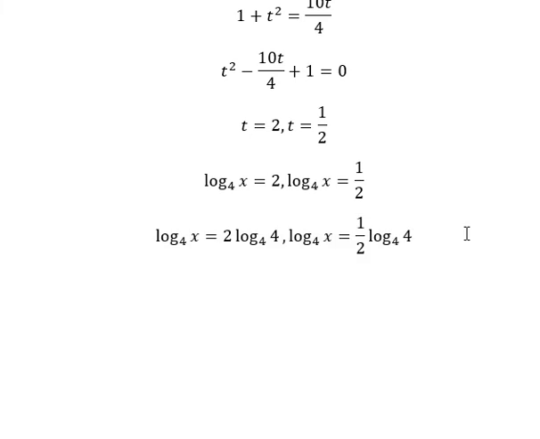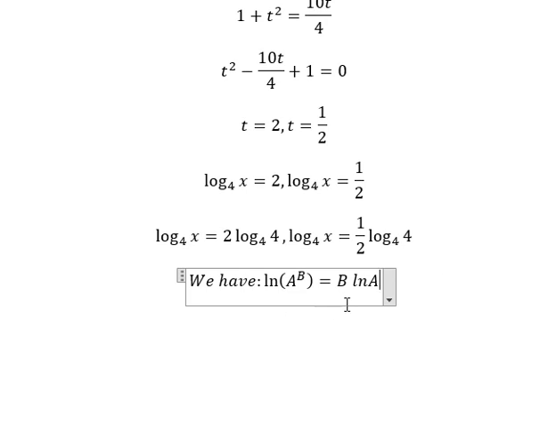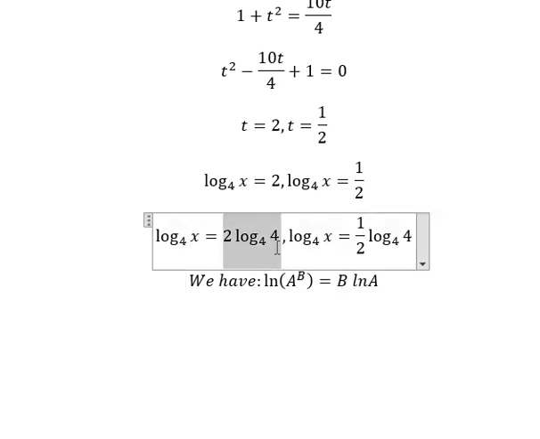Next, we have the formula in here. Ln of A to the power of B equals B ln A. So we apply this formula for this one and this one. So we can put the number inside the log in here, and we have the power for number 4 and the power for number 4.